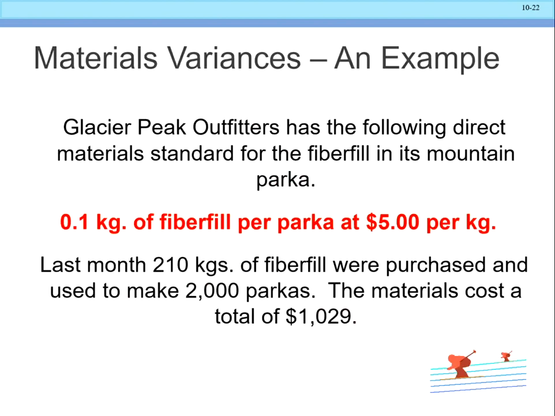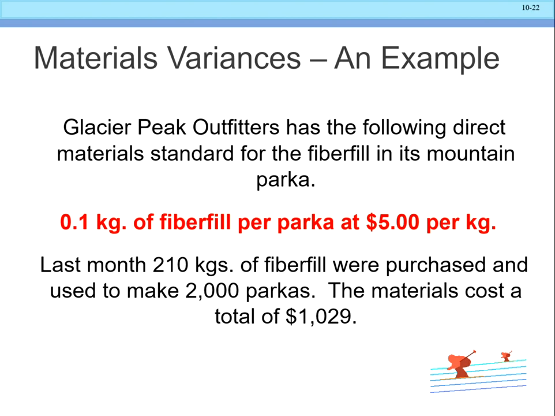Okay, so let's look at material variances. We want to do the price variance as well as the quantity variance. Glacier Peak Outfitters has the following direct material standard for the fiber fill in its mountain parka.